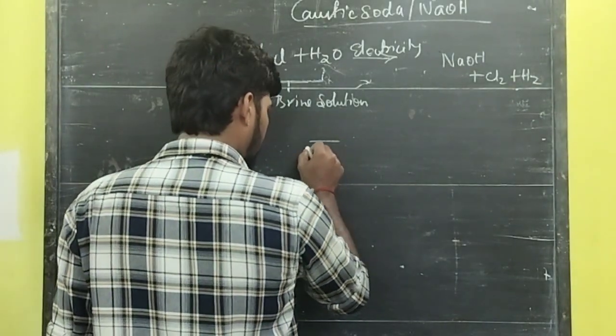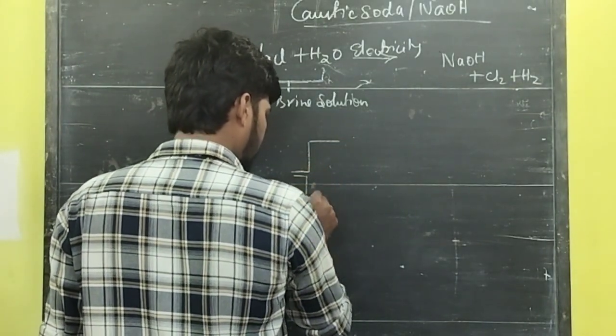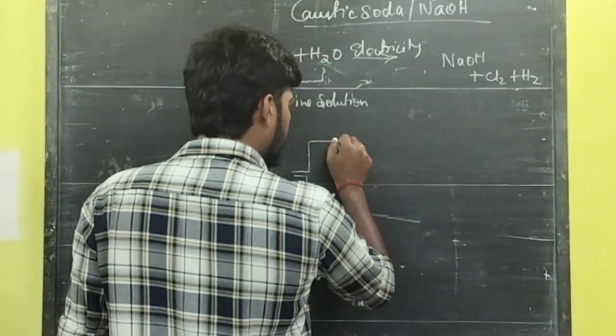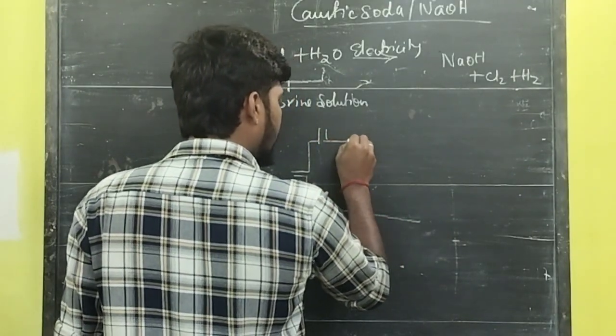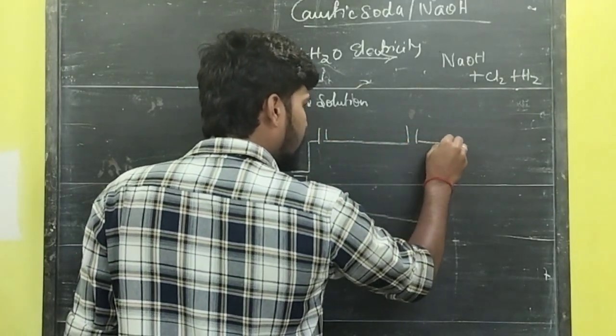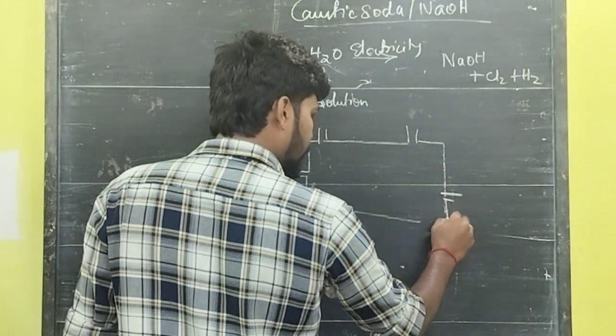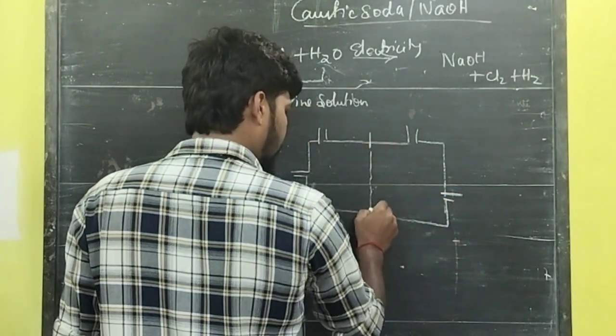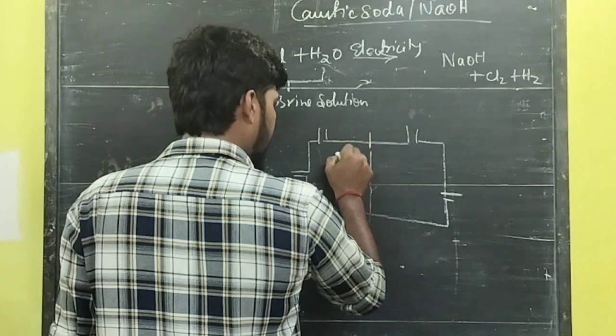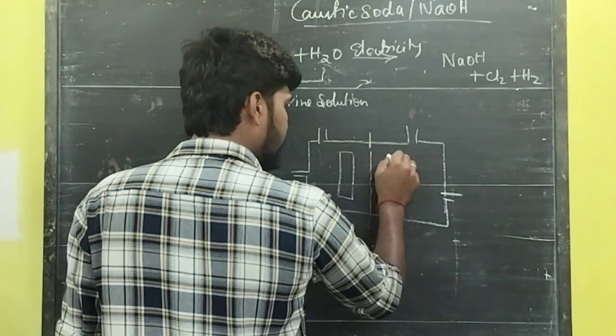Okay, how do you do this? There is a container, to which there is a membrane where we are dipping two electrodes.